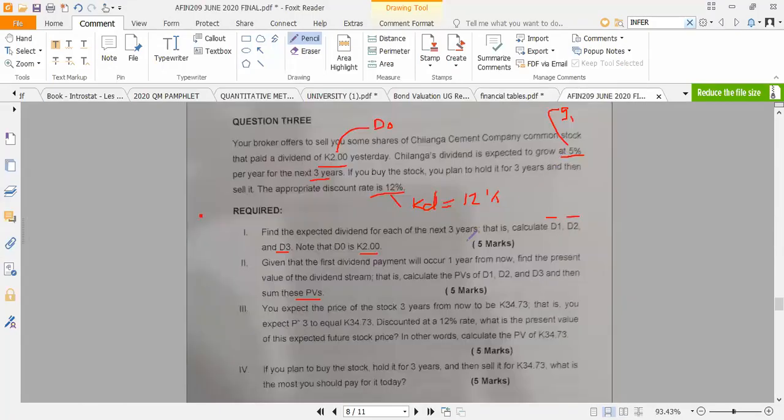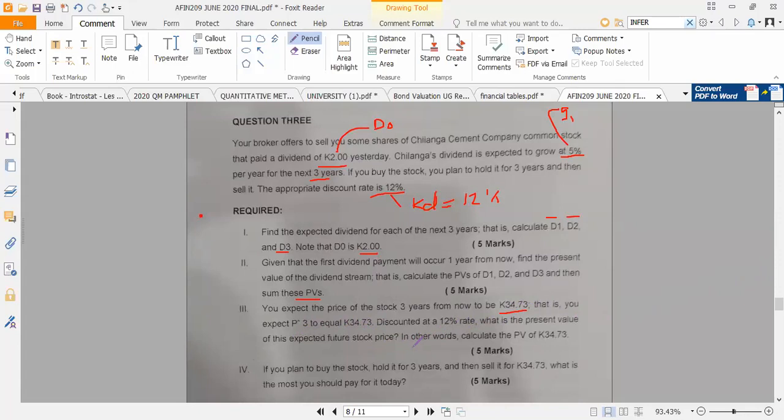Okay. So now we've been told you expect the price 3 years from now to be 34.73. That is for P3, you expect it to be 34.73. Discount rate is 12%. What is the present value of this stock?